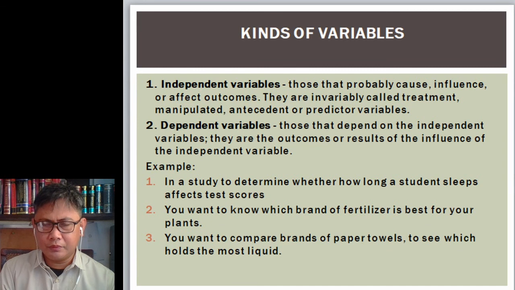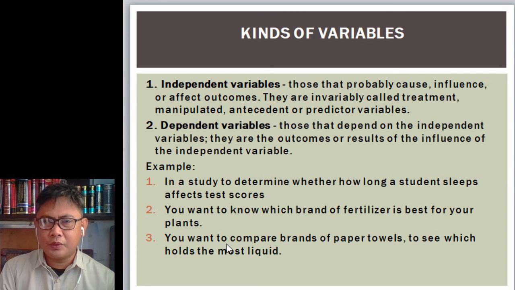On the other hand, dependent variables are those that depend on the independent variables. They are the outcomes or results of the influence of the independent variables. For example, in a study to determine whether how long a student sleeps affects test scores, the independent variable is the length of time spent sleeping, while the dependent variable is the test scores.